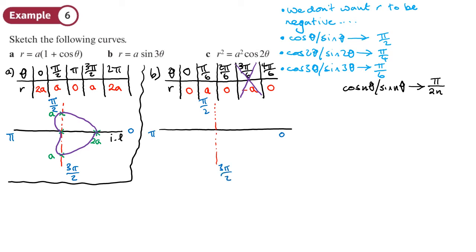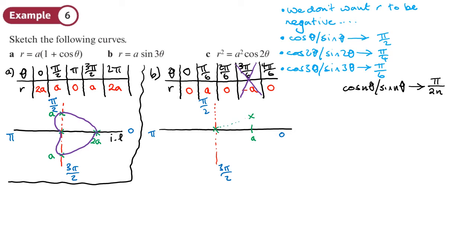Right, so when the angle is 0, we have 0 length, so that's there. When the angle is pi over 6, so that's 30 degrees, the length is a, so probably something like this, a, so that's meant to be about 30 degrees there.